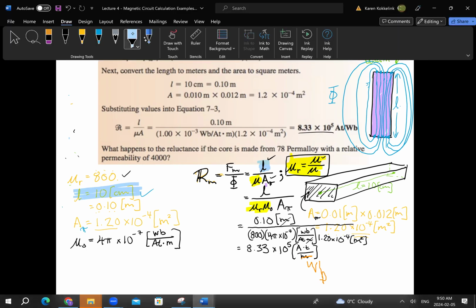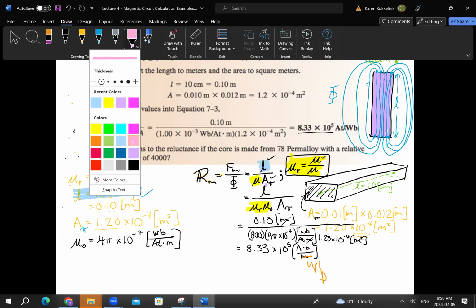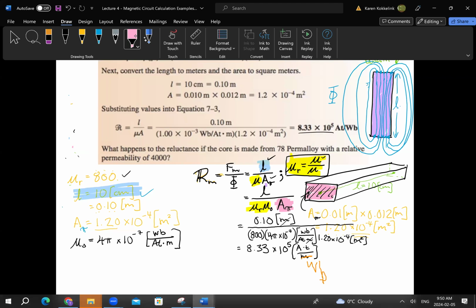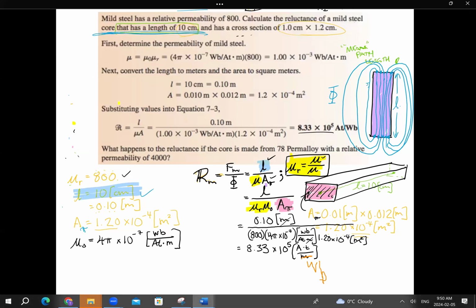We had to remember that the cross-sectional area is this cross-section here. That's that cross-section there. And we had to remember the relationship between permeability of free space and relative permeability, which was put in the equation here. So this is what I would consider a reasonably straightforward magnetic circuits problem.